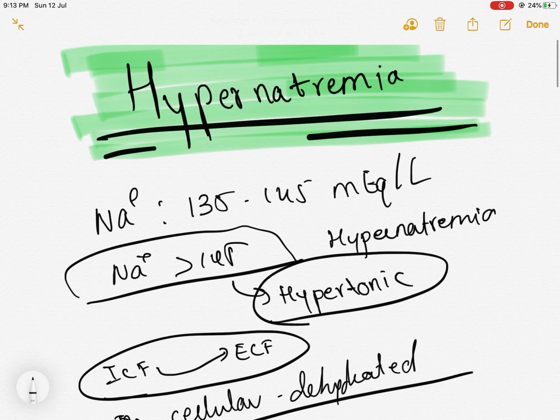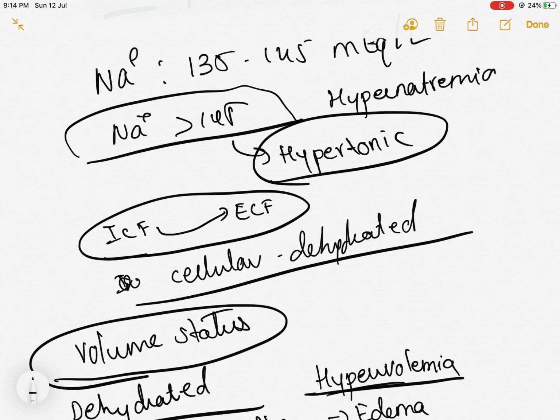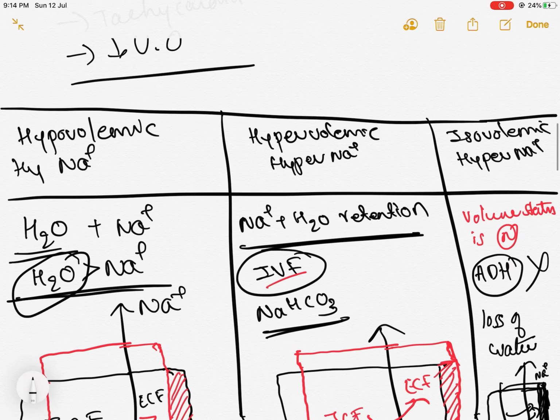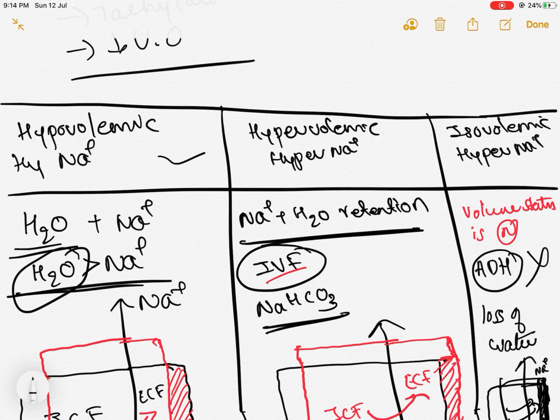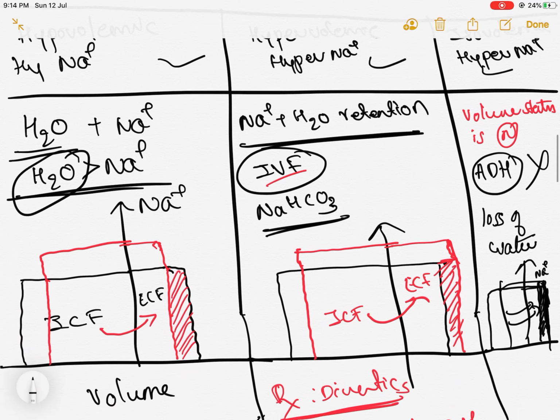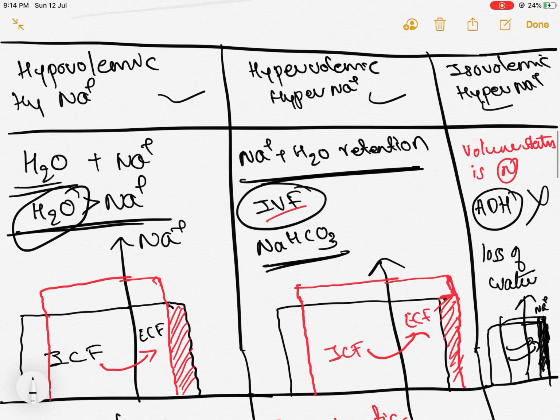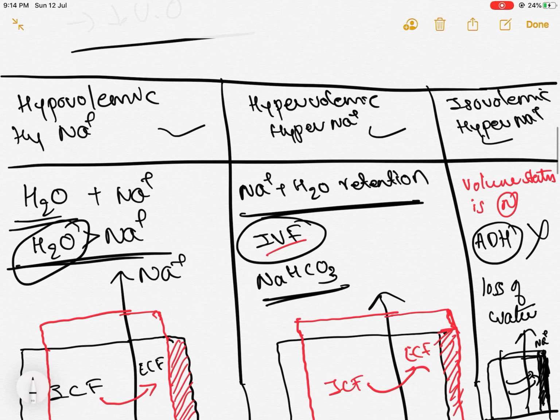So summarizing hypernatremia: sodium concentration more than 145 milliequivalents is hypernatremia. So whenever you get a patient with hypernatremia, you decide whether the patient is hypovolemic, hypervolemic or isovolemic. If the patient is hypervolemic, the treatment is with diuretic. If the patient is isovolemic, the treatment is treatment of ADH and ADH deficiency.